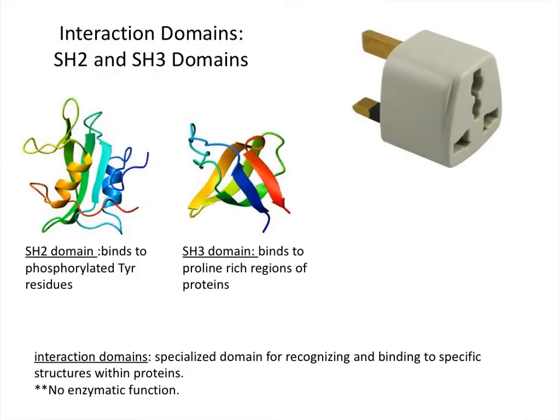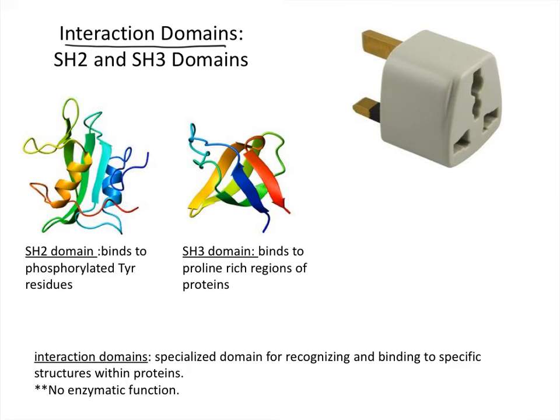Okay, so now I want to talk about the interaction domain, and this is a very specific term, although it just sounds kind of vague, like it could be any domain. Interaction domain is a vocabulary term, and this is a part of an adaptor protein which allows it to bridge these different proteins in a complex. Two examples of interaction domains are SH2 domains and SH3 domains.